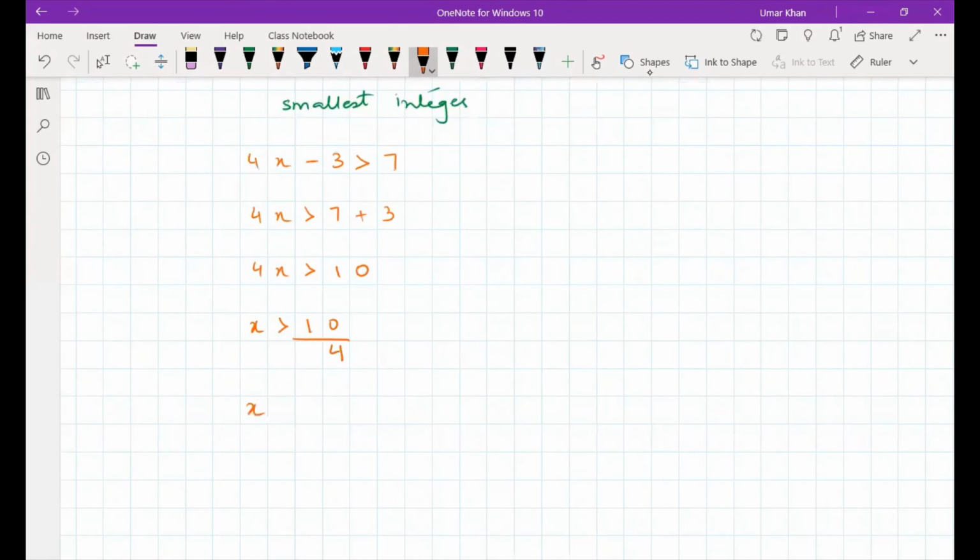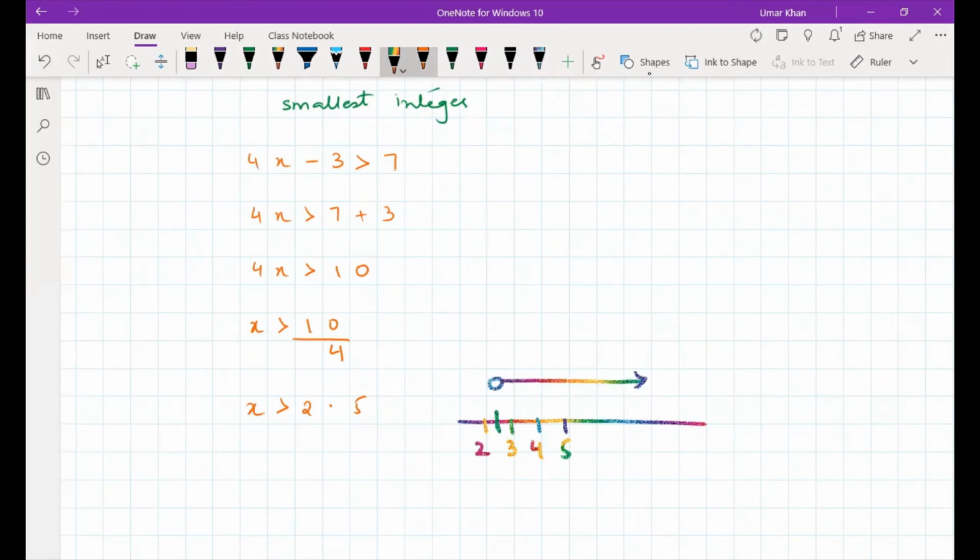So x is greater than 2.5. Let's first make it on the number line. We have 1, 2, 3, 4. Let's just take a few values, 2, 3, 4, 5. And this is what my inequality would look like, since it's 2.5. So it has to be greater than 2.5.